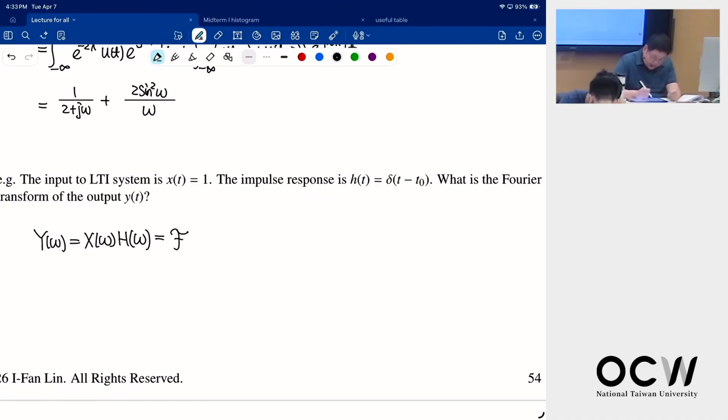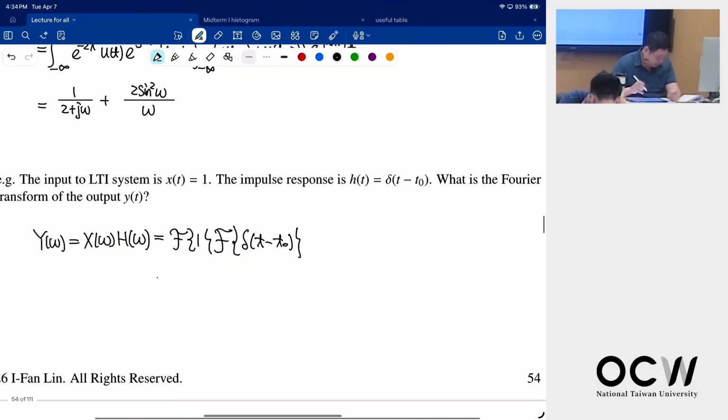So that's the Fourier transform of 1 times the Fourier transform of the delta function. Okay, if it is 1, then you can check the table or you redo the integration.